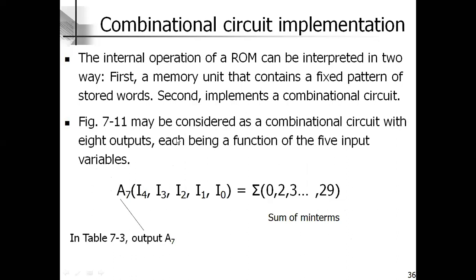The first one is a memory unit that consists of a fixed pattern of stored words. The second one is implemented by using a combinational circuit, a unit which implements a combinational circuit. From this point of view, the output terminals are considered separately.